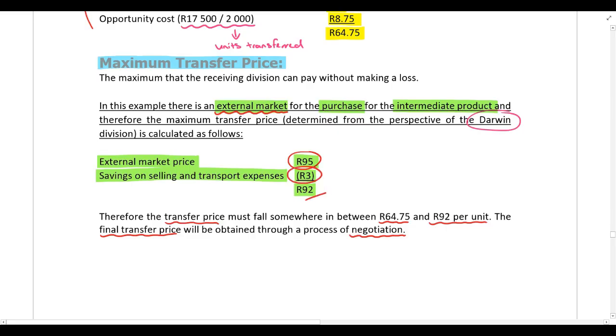So that's how we calculated the maximum transfer price. So think about it logically, like I said, if there's an external market, you will never pay more for the product internally. So the maximum transfer price is going to be the external price less any savings if you buy the product internally.